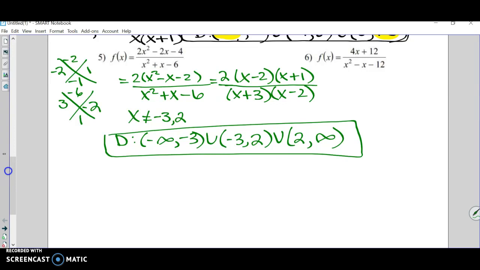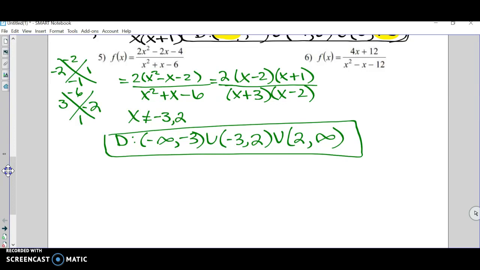Okay? Any questions on this? So start and end with negative infinity and positive infinity. My stops on my train are going to be my domain restrictions. And I find those by setting my denominator equal to 0. This one's pretty easy, but it's always going to come first, okay?